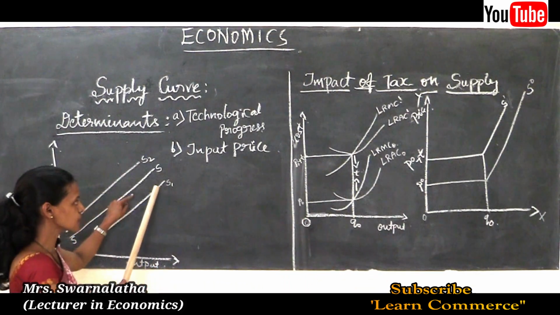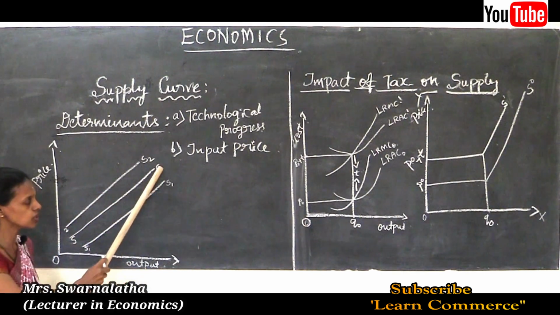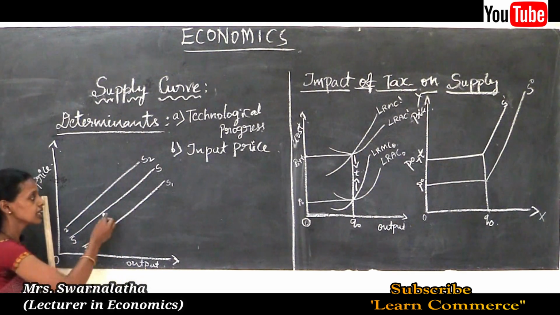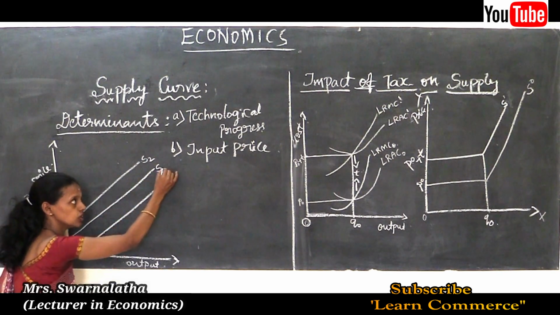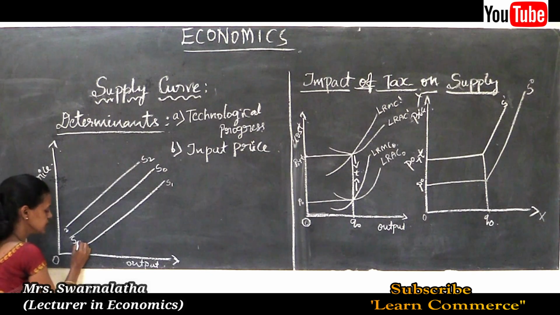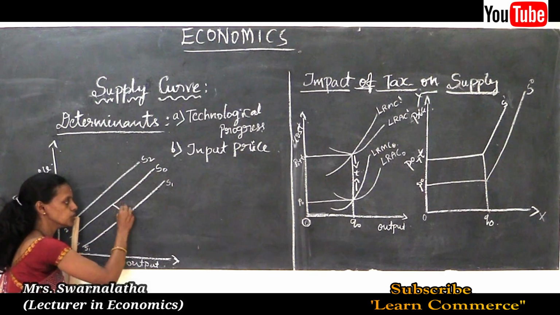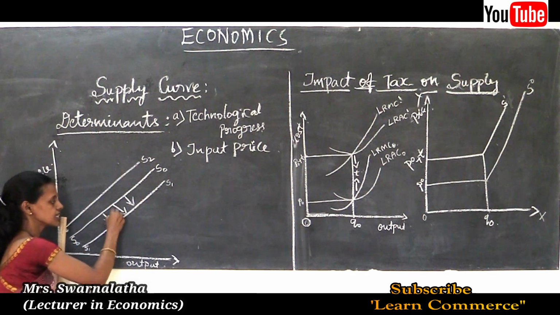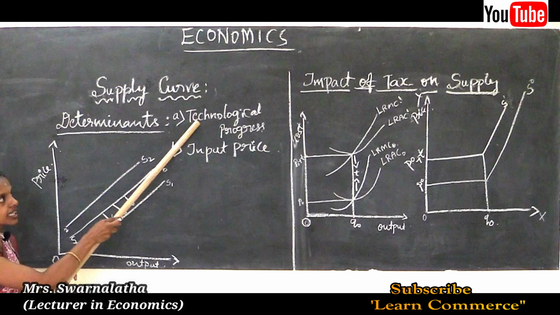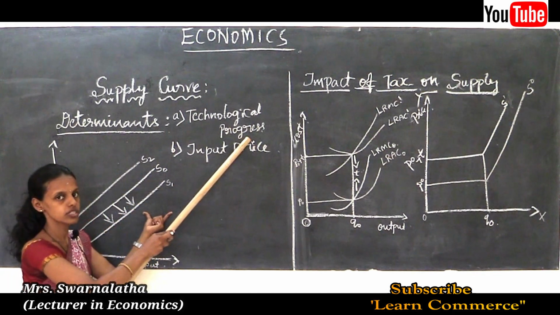Thus, SS is the supply curve of a firm. It shifts from S0, the original curve, to S1, that is, SS0 to SS1. Due to technological progress, the long run marginal cost also decreases.